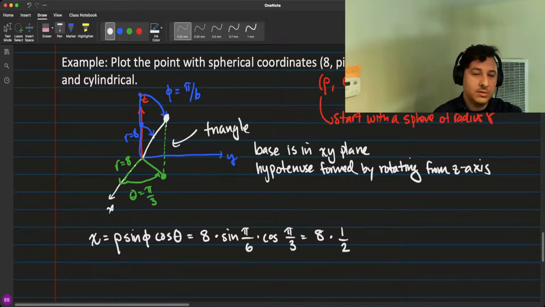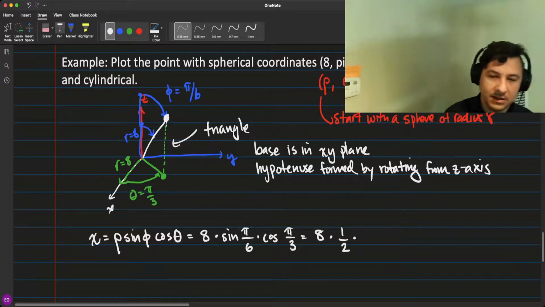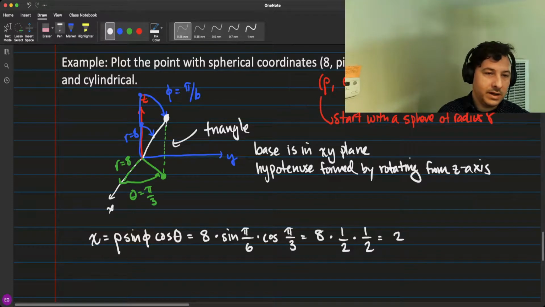And then what's the cosine of 60 degrees? Also a half, right? Which, 8 divided by 4 is going to be 2. Okay, so this point right here has an x coordinate of 2.